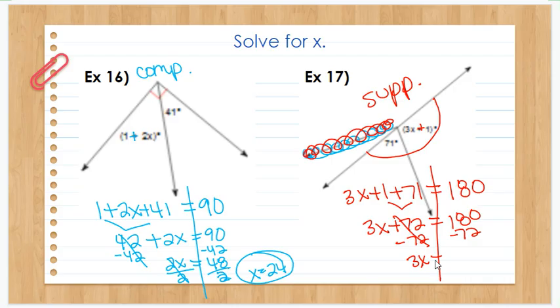That gives us 3x equals 180 minus 72, which is 108. Divide by 3. Again, use your calculator. And I get 36. So in this problem, x equals 36.